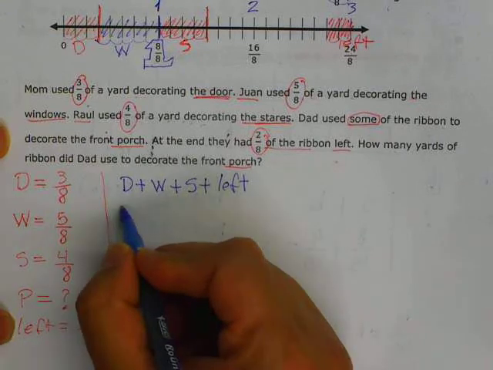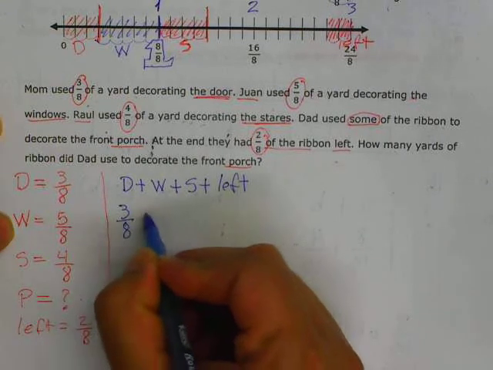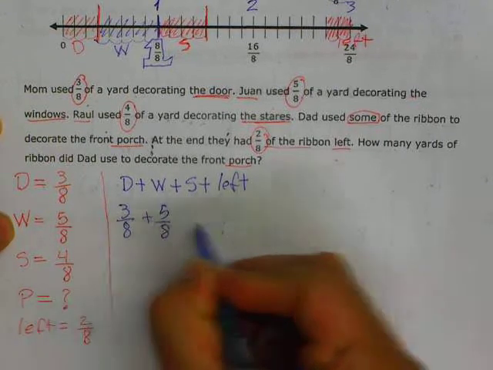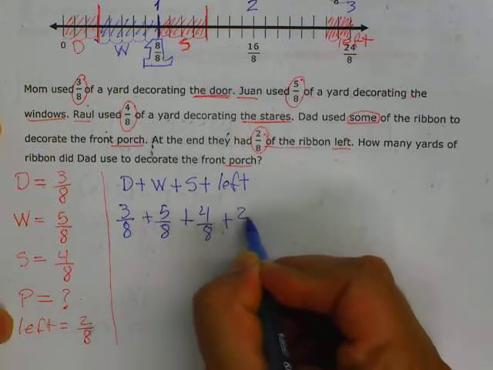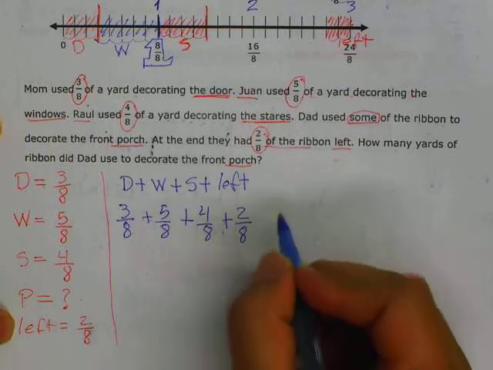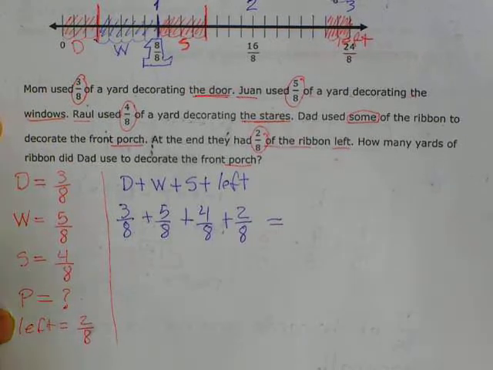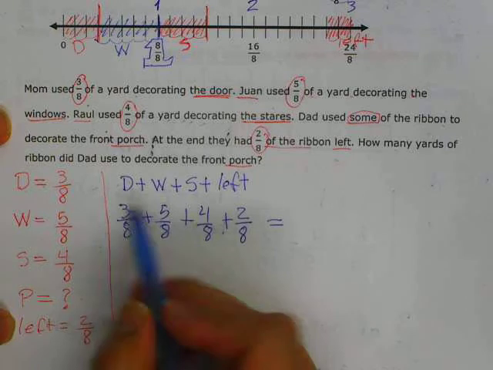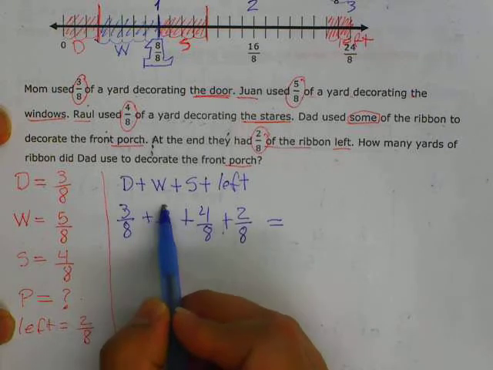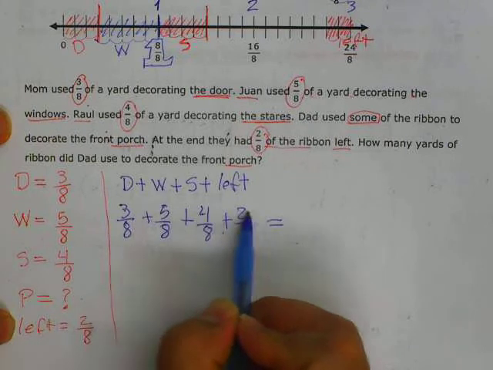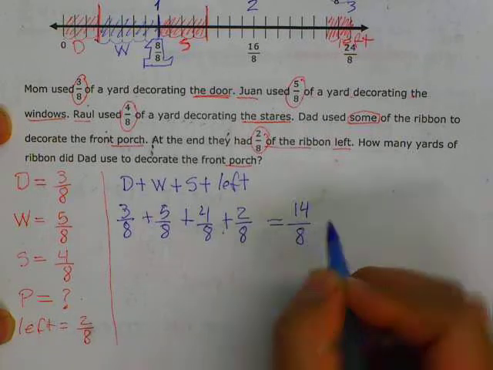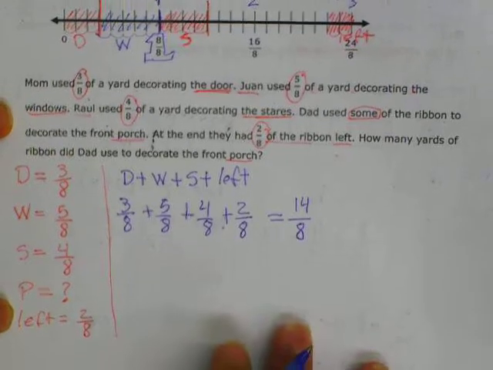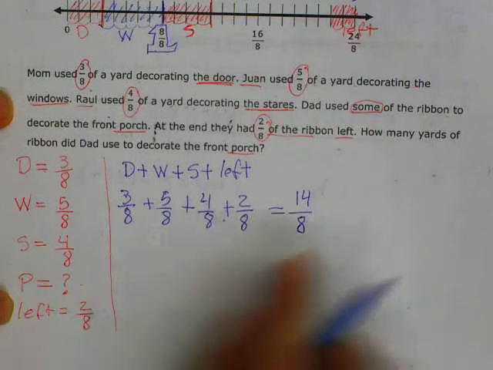So 3 eighths plus 5 eighths plus 4 eighths plus 2 eighths is going to give me what they used. So 3 plus 5, 8 plus 4, 12 plus 2, 14. So they used 14 eighths.